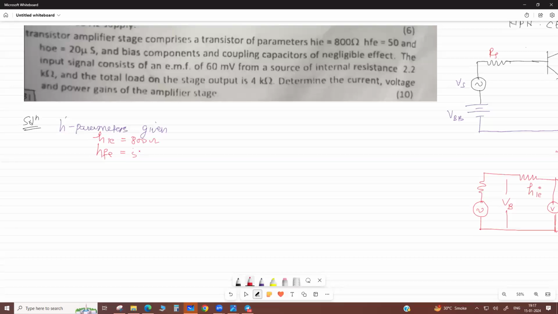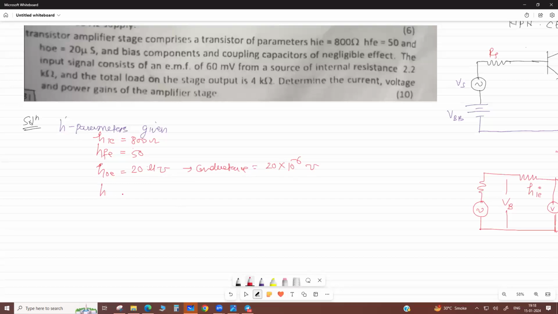HFE is 50, it is unitless. And HOE is conductance, 20 micro mho. The unit is conductance, so we can convert it into 20 into 10 raised to power minus 6 siemens.